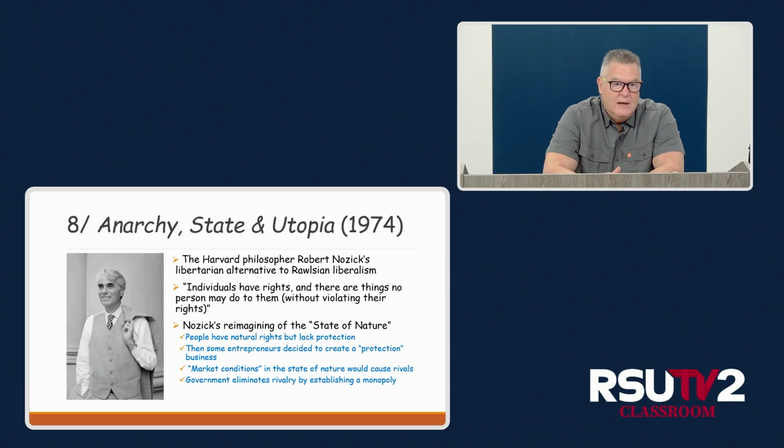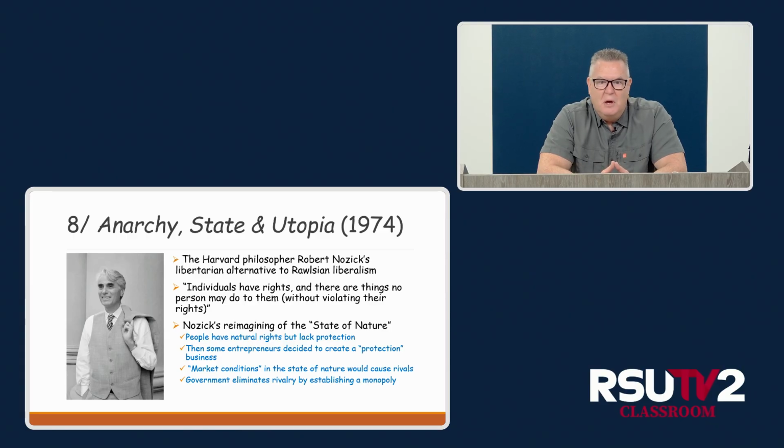And this is the classic libertarian way of looking at government. From a libertarian perspective, government is inevitably the antagonist in the story. Everything that government does could be done better by somebody else, could be done voluntarily, and could be done within the workings of the marketplace.